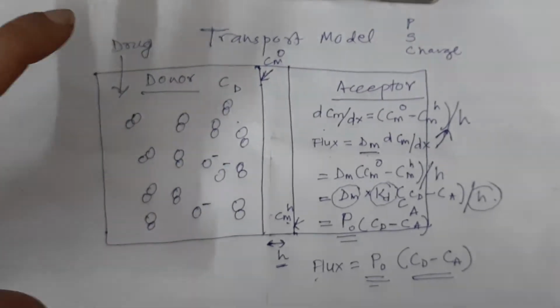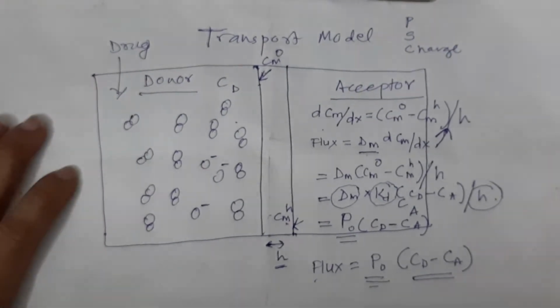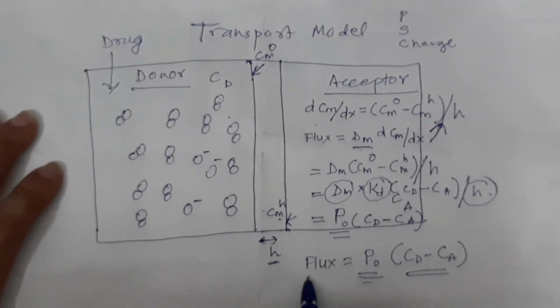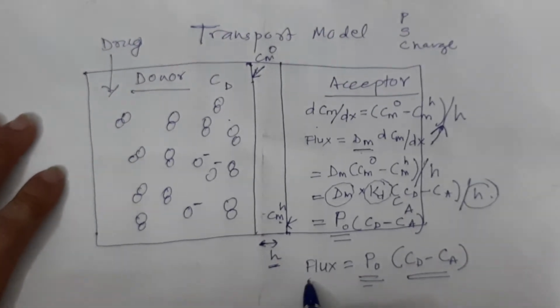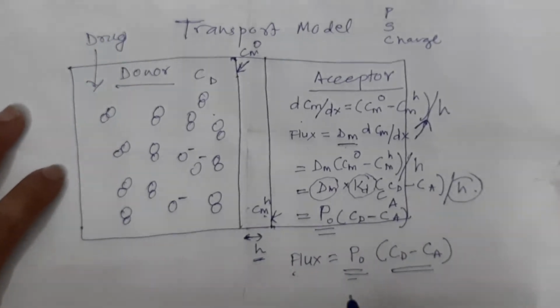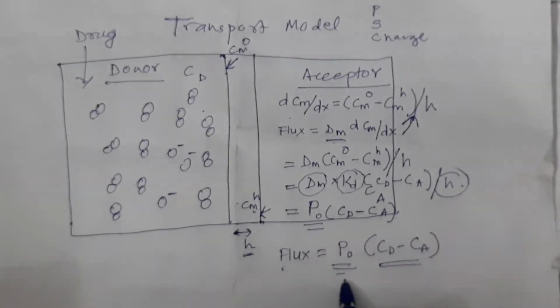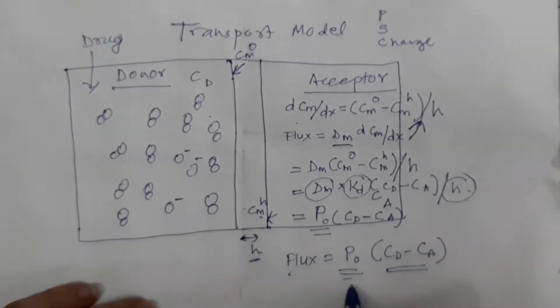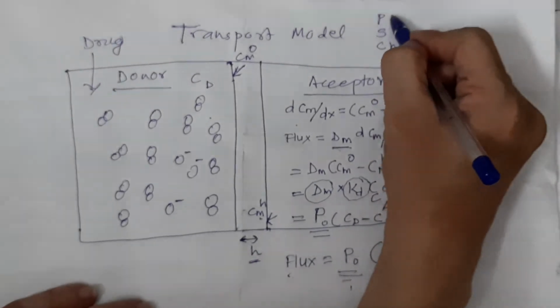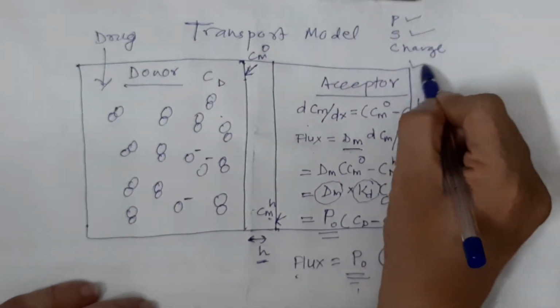By using this transport model, we can understand how the rate at which the drug is transporting, or flux, can be estimated and studied. For that purpose, we need parameters, as we started the transport model considering three parameters: permeability, solubility, and the charge.